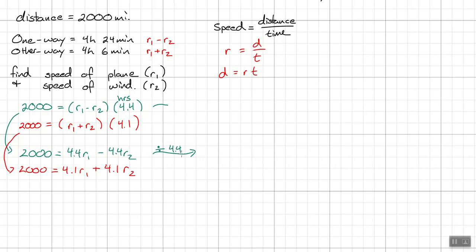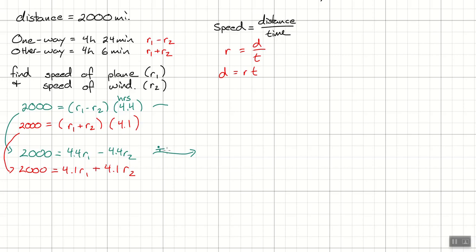Why would I do this instead? R2 is going to have a coefficient of 1. We can do this, or we can multiply by 4.4 and 4.1 to guarantee we get the same one there. Division or multiply? Okay, I'll divide.